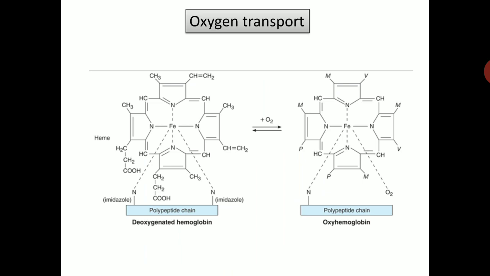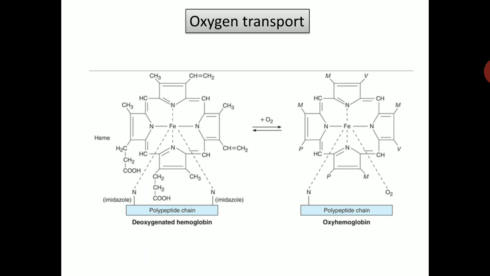Now, a very important function of hemoglobin is oxygen transport. A hemoglobin molecule can combine with 4 molecules of oxygen. If it is combined with 4 molecules of oxygen, it means it is 100% saturated.